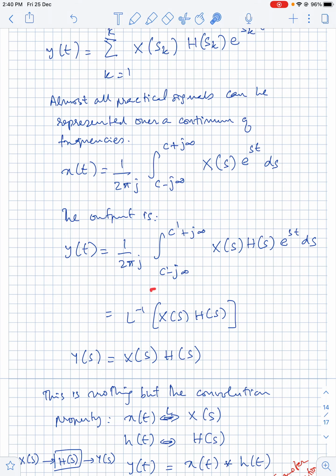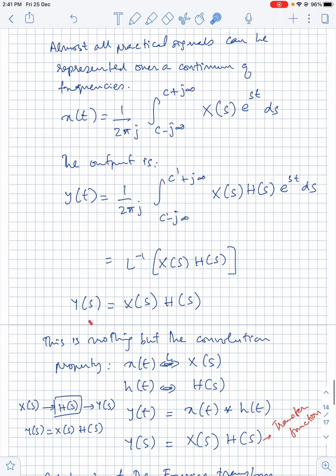right? But like I said, this is nothing but the inverse Laplace transform. So if you take the Laplace transform operator on both sides, this y of t will become Y of s, and this will become X of s H of s, which is essentially telling you the input output relationship: Y of s is equal to X of s multiplied by H of s.